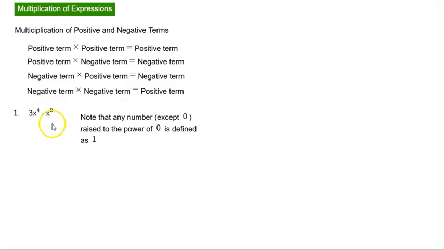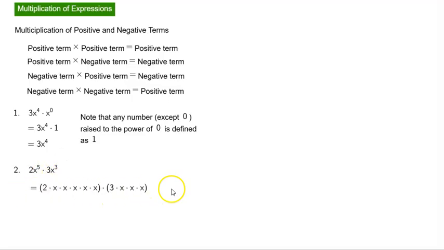So here we are basically looking at x not equal to 0. So when x is not equal to 0, we have x to the power of 0 equal to 1. So we have 3x to the power of 4 times 1, which is equal to 3x to the power of 4.